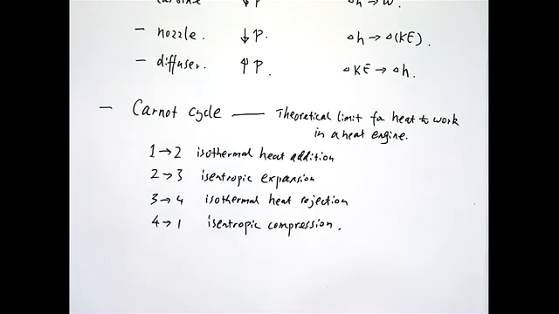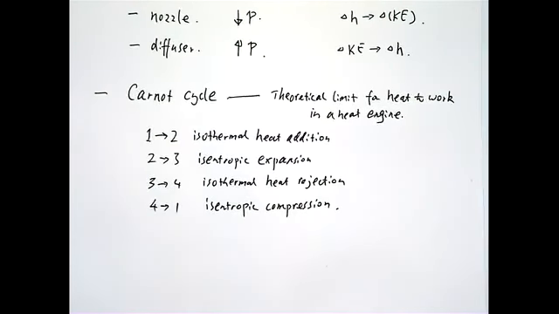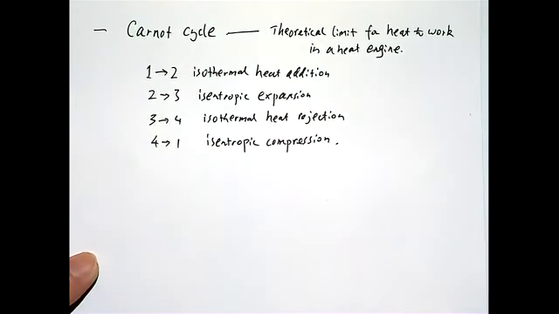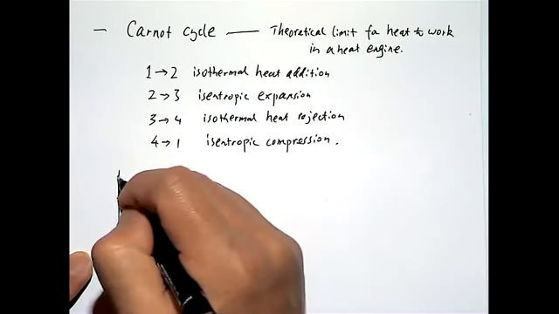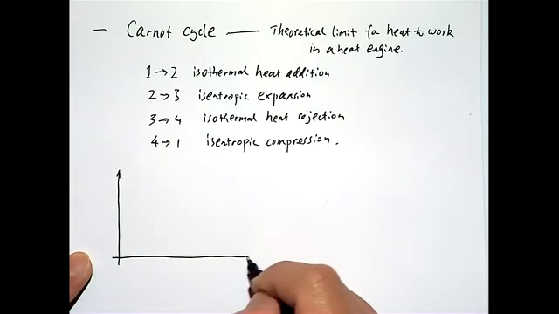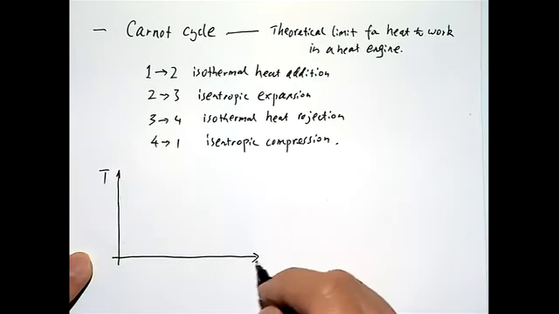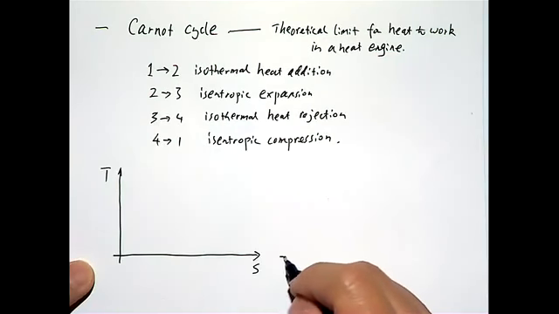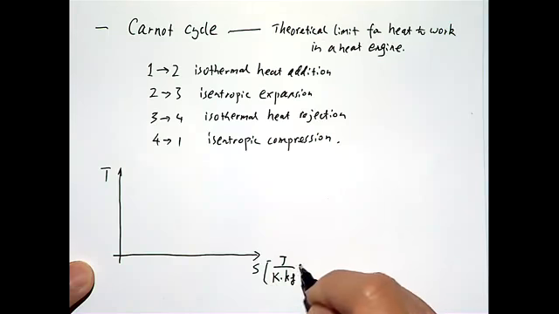All right. So we must use some kind of diagram to show this. And the diagram we choose here is called the TS diagram. Temperature versus the mass-specific entropy, so this one is joule per Kelvin per kilogram.